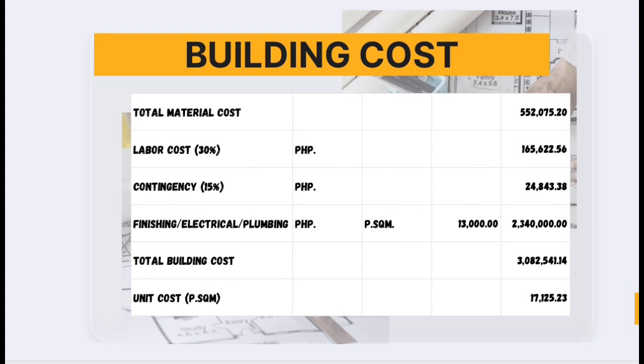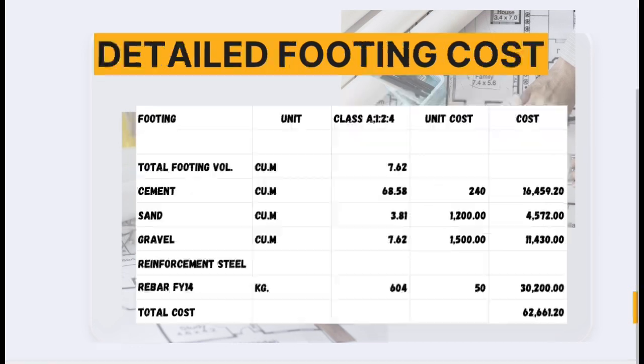We ensured to account for all major components: foundation works, structural framing, wall finishes, plumbing, and electrical systems. With a total floor area of 180 square meters, the unit cost per square meter comes out at 17,123 in Philippine peso. This is considered a competitive and realistic cost for this type of residential structure.